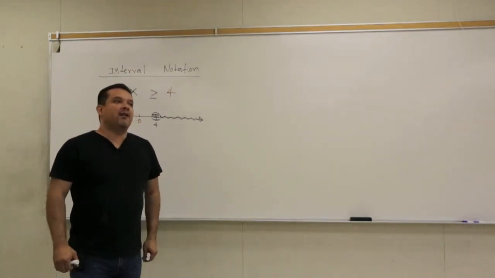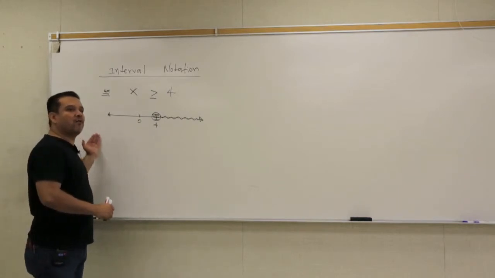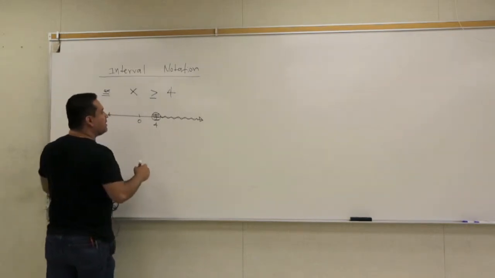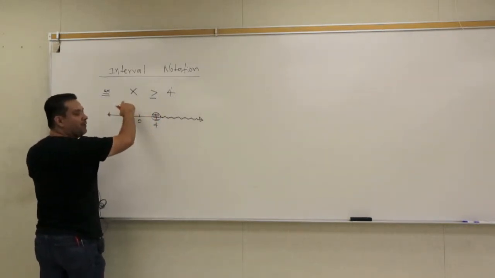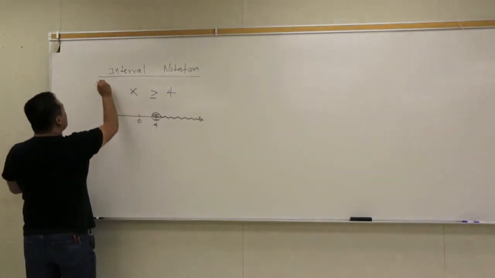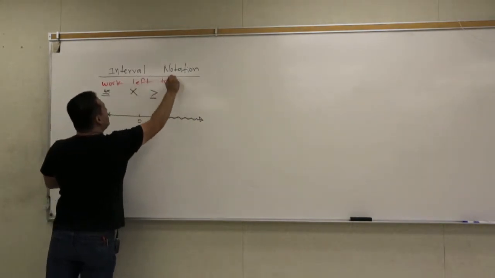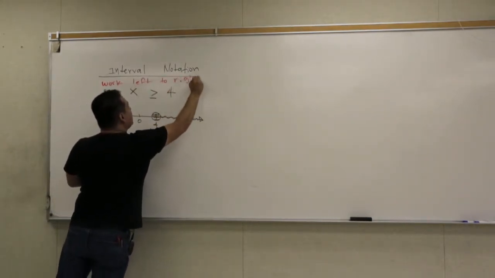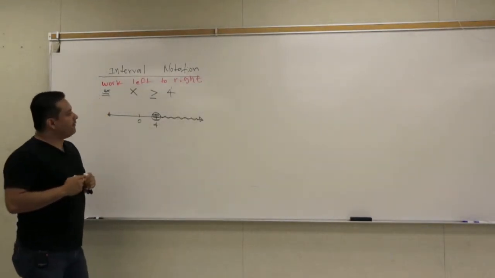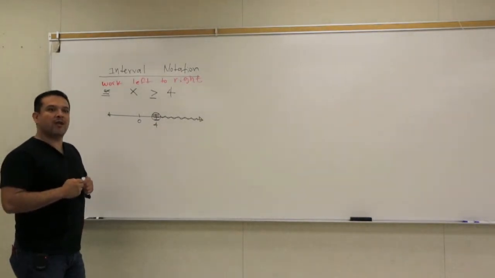So here's what I want to say to you. You want to read this always left to right. So when you're working with all of these expressions, really, your description, you want to read left to right. The graph, you look at it left to right. So we're going to work in that capacity left to right, in the same way that we mostly read, or we should read, left to right. Okay, fine. What does that have to do with interval notation?